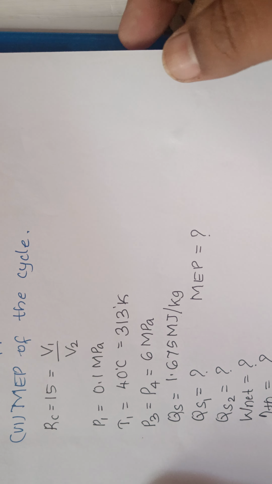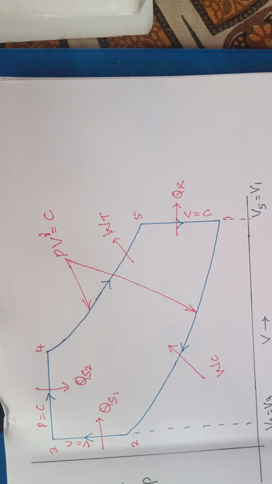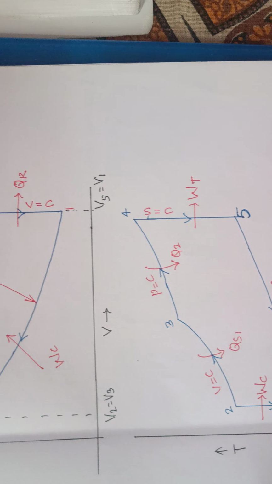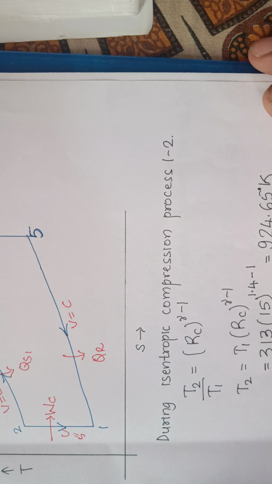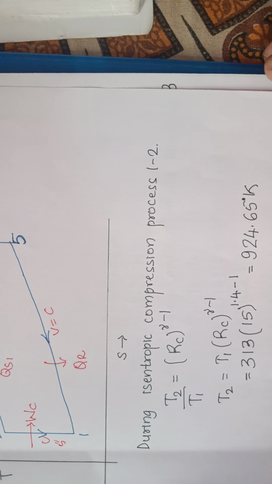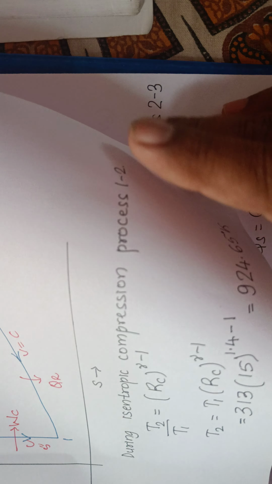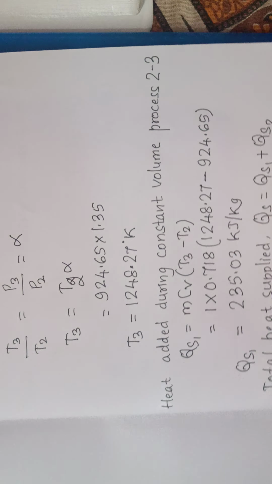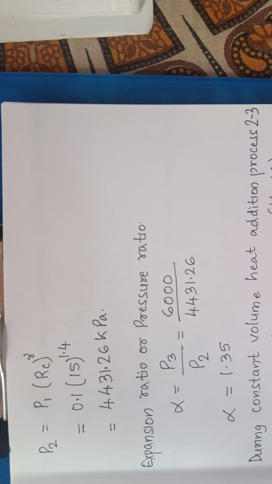After writing the given data, I have drawn the PV and TS diagrams. This is the PV diagram followed by the TS diagram, and then I have taken individual processes. I have taken first the isentropic compression process 1 to 2 and found out the value of T2. After finding T2, I found out the value of P2. You can see here.